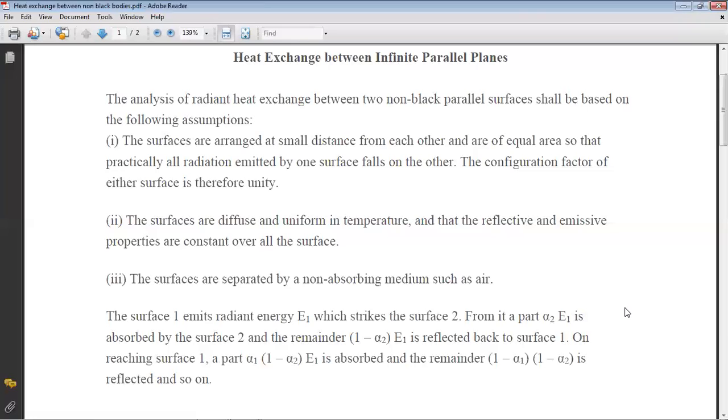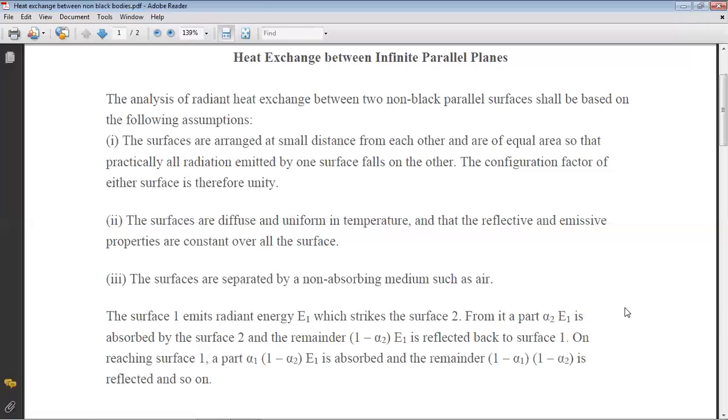Corresponding to surface 1, the radiant energy emitted be capital E1. Similarly, from surface 2, the radiant energy emitted is capital E2.